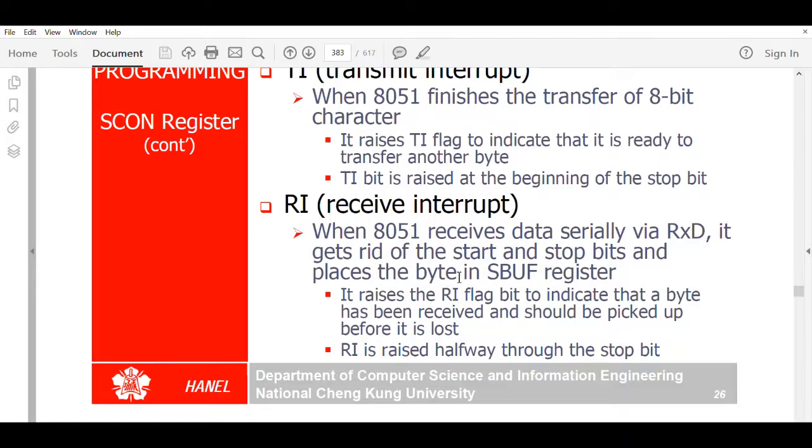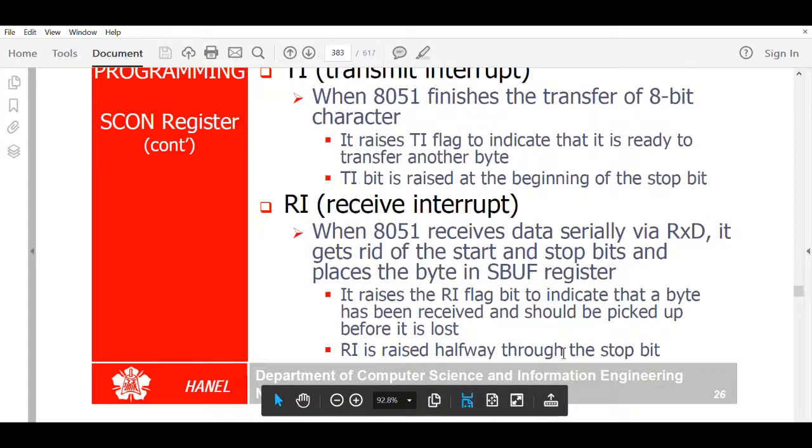At that time, it will make RI equal to 1 to indicate that a byte has been received and should be picked up before it is lost. So RI equal to 1 means a byte has been received, and this should be picked up from the SBUF before the data goes off. RI will be made equal to 1 halfway through the stop bit.